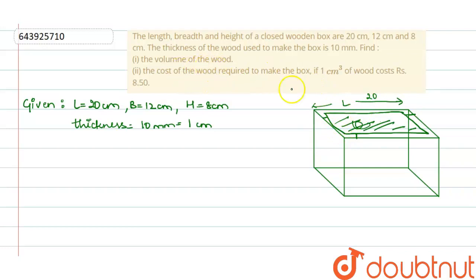To find the volume of the wood, we will take the volume of the whole box and then subtract the volume of the inside part, that is, the volume of the air that is empty. I will use different steps to explain this. For the first part, we will calculate the volume of the whole wooden block.